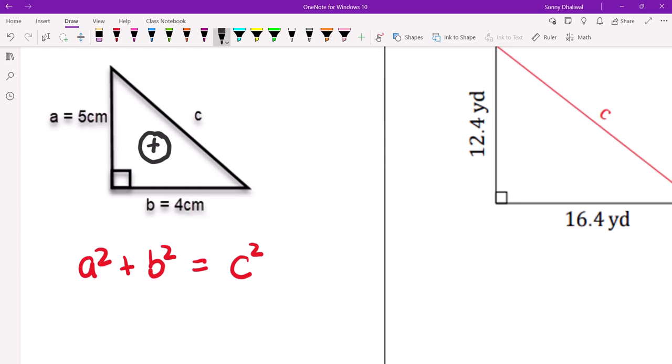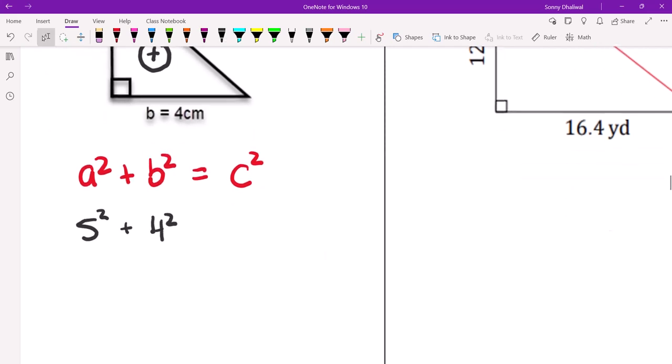So off of this triangle, what is side A? What number do we have? 5. So we put in a 5 here. So 5 squared. Then we go to B. What is side B? 4 squared. Now we do this calculation. 5 squared is 25. 4 squared is 16. And it equals 41.